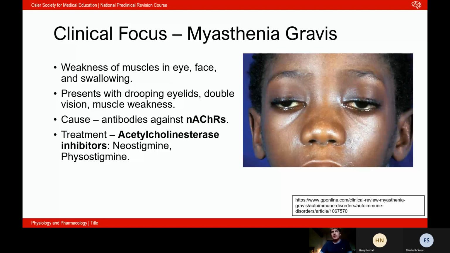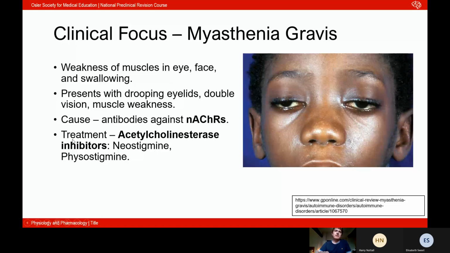And the treatment to overcome the fact that we haven't got enough neuromuscular transmission is to enhance neuromuscular transmission, and we do this by inhibiting the acetylcholinesterase enzyme. And we do this with neostigmine and physostigmine, and these are transient inhibitors. We don't want to completely block it with high potency, because it's still necessary to stop muscle tetany.